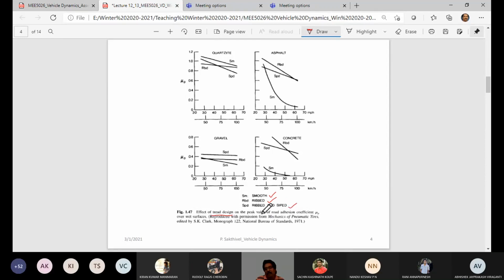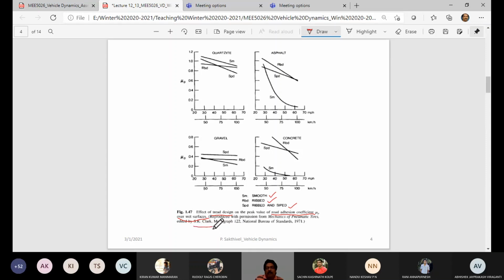That means you'll also have some lateral grooves. So these are the three different types of treads, tires mounted on vehicles, and their influence, their effect on the road adhesion coefficient μp on a wet surface is carried out, and that is reproduced by SM Clark.